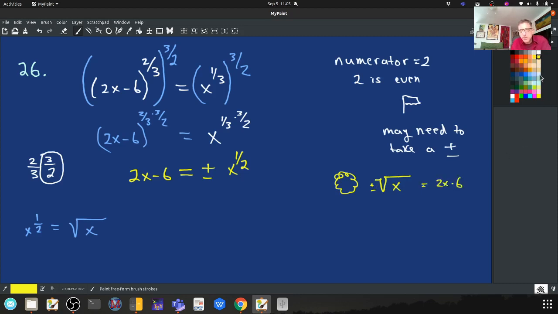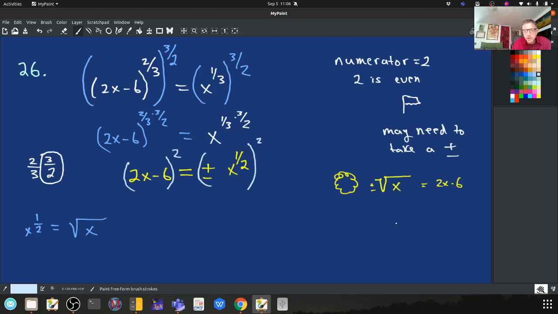But as it turns out, we don't have to worry about the plus or minus, because I have to get rid of all my radicals. So what I'm going to do is take this entire side, and this is kind of an abusive notation, and raise both sides to the second power.